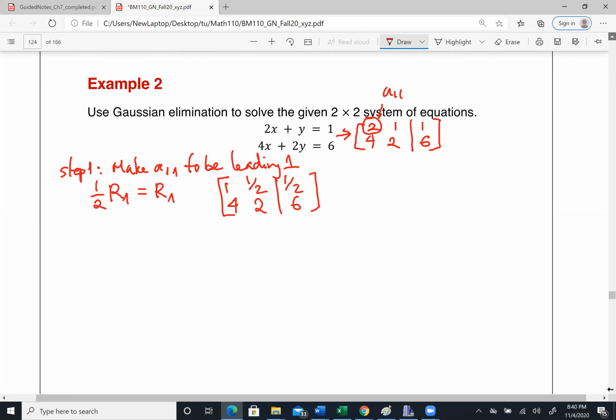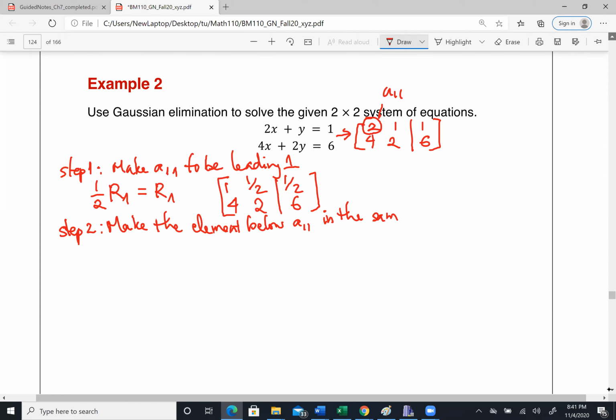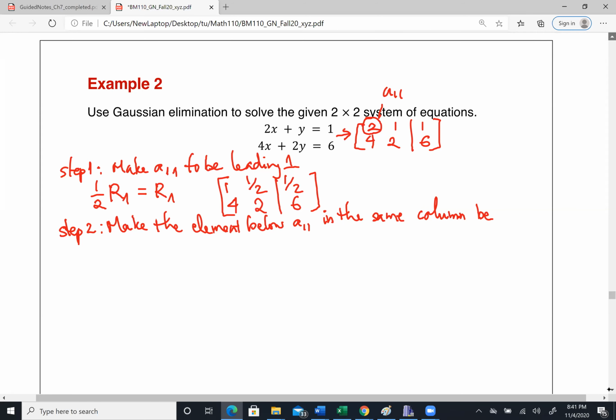Now, step 2. Make the element below A11 in the same column become 0.